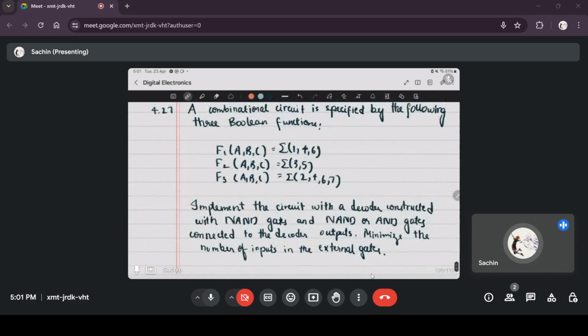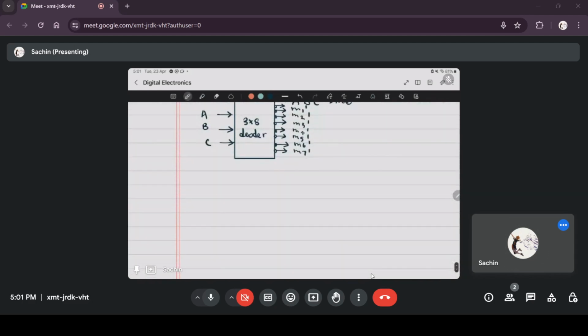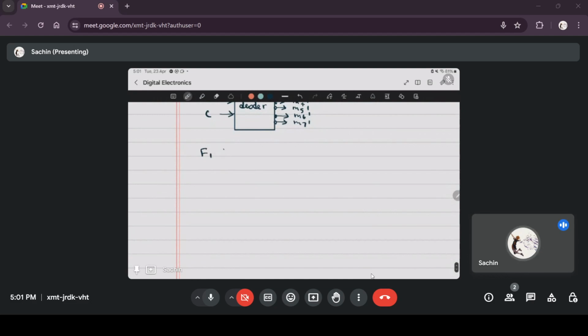F1 of ABC is sigma 1, 4, 6, which is nothing but A bar B bar C plus A B bar C bar plus A B C bar.